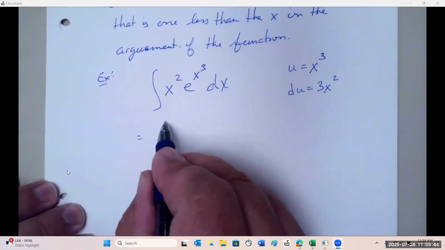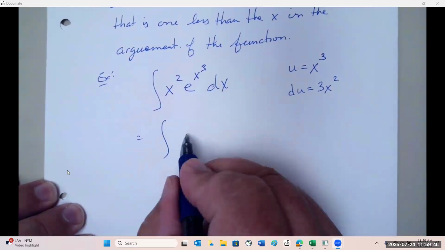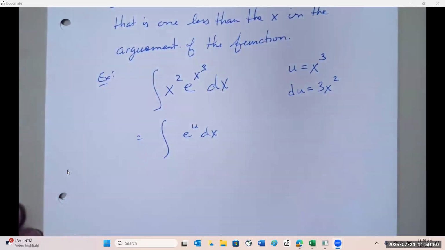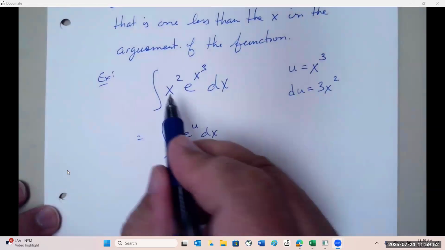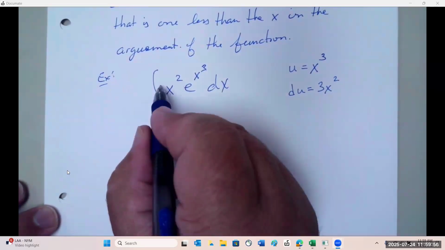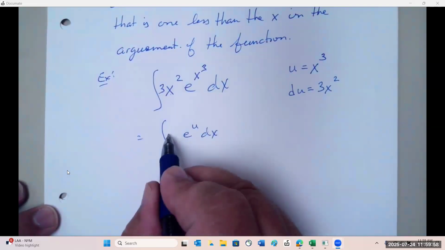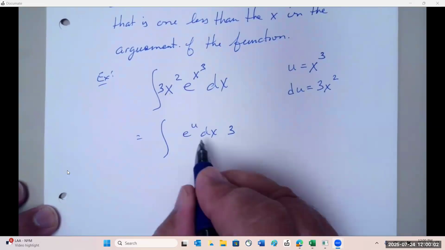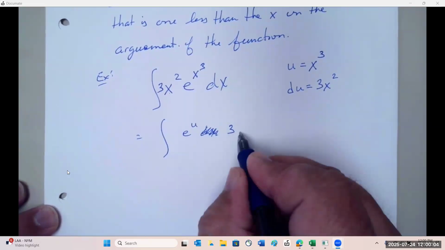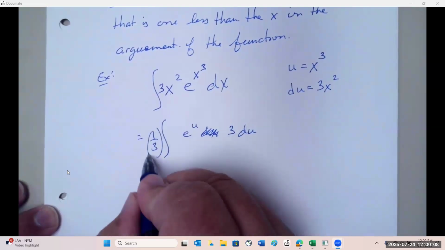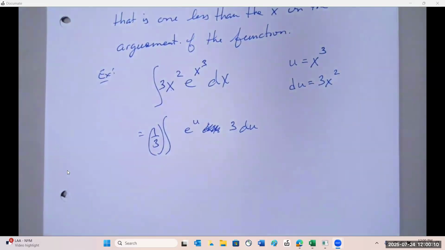So we're going to rewrite this equation. It'll be e to the power u. And here's x squared, but it's missing a what? It's missing a 3. So we give a 3 du. So since we put a 3 in there, we have to put a 1/3 out in front.